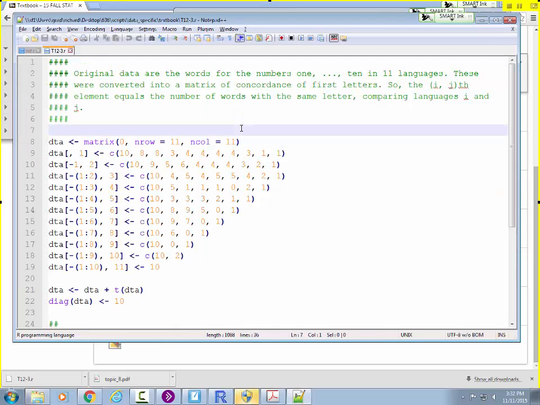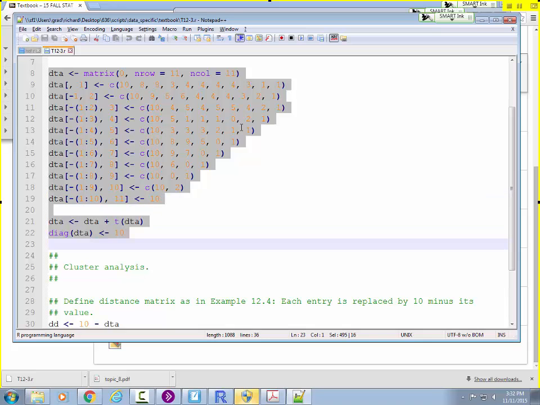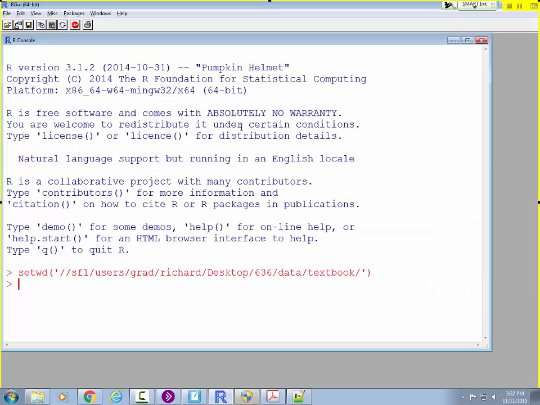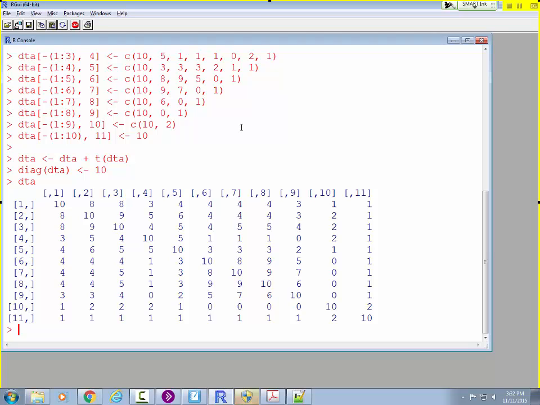Okay. So this is the data for the counts of concordance for the languages. Let's load them in. Right. So it's a symmetric matrix, 10 down the diagonal for perfect matches between the same language, and otherwise they are concordance measurements between languages.